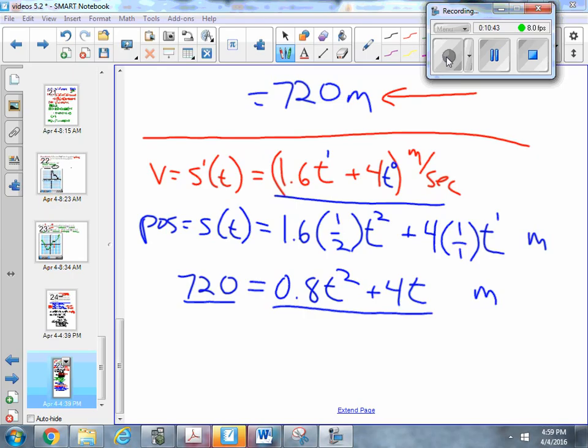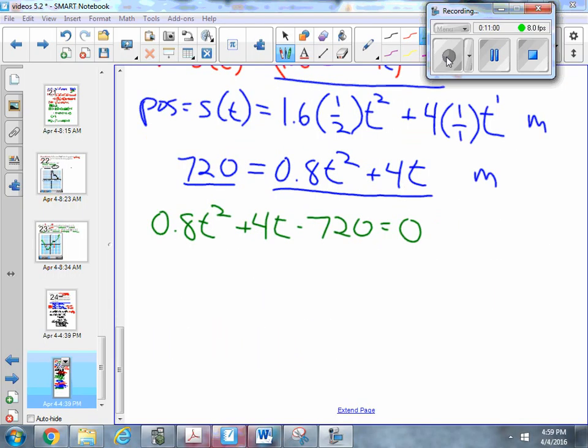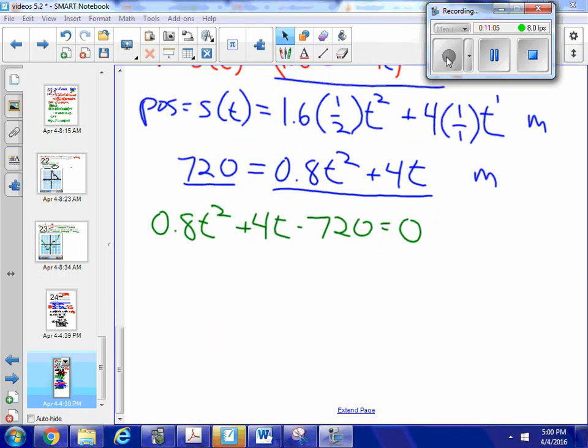I have a quadratic here that I need to solve. So I'm going to get everything on one side and set it equal to 0. So I have 0.8t squared plus 4t minus 720 equals 0. Well, I don't like decimals, so I'm going to divide everything here by 0.8, even though it still comes out to 0.